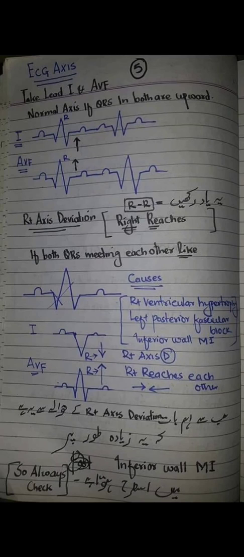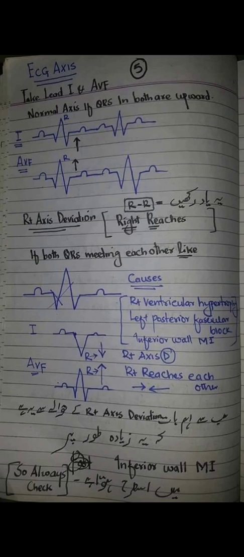Now ECG axis: take lead 1 and aVF. Normal axis: QRS in both is upward, as we see in this case in lead 1 and aVF. Now come to the abnormal condition. In lead 1 and aVF, if both QRS complexes reach each other, as in this case we are seeing, take R from reach, and it is right axis deviation.